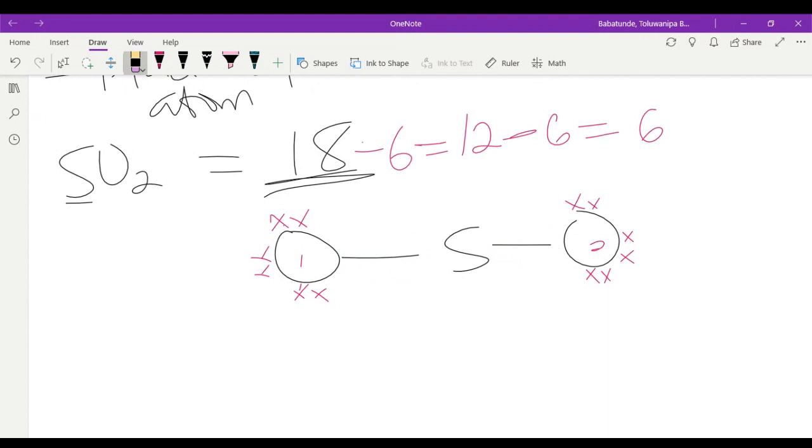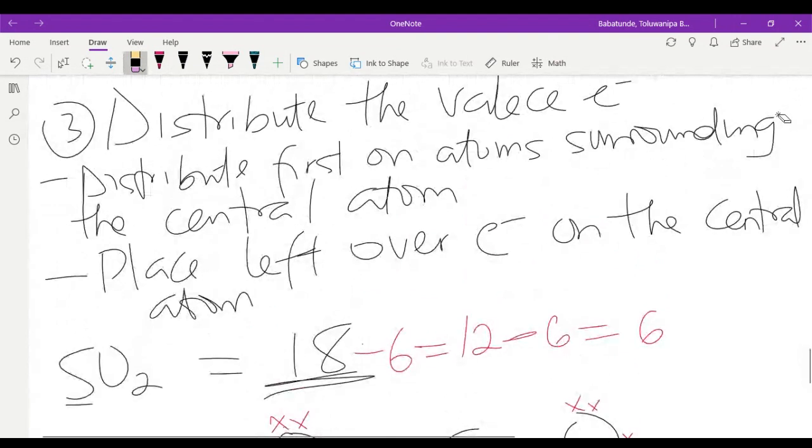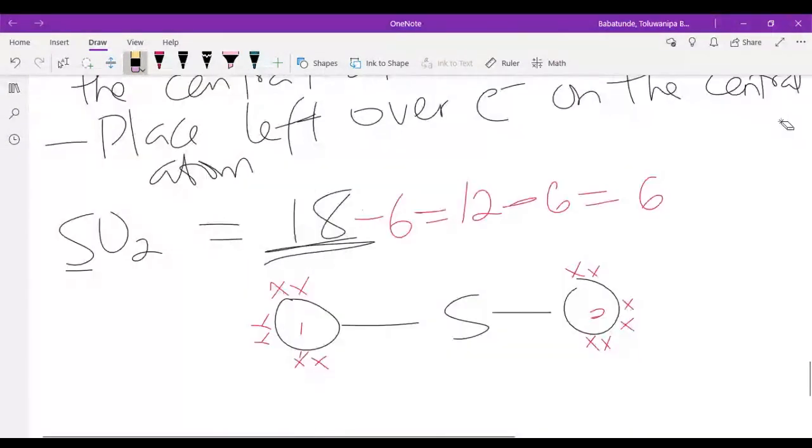Now, the next thing we do, remember the rule says we should distribute on the surrounding atoms around the central atom, which we have done. And it says place the leftover electrons on the central atom. Our central atom is sulfur. So on sulfur, remember these 2 electrons belong to sulfur also, right?